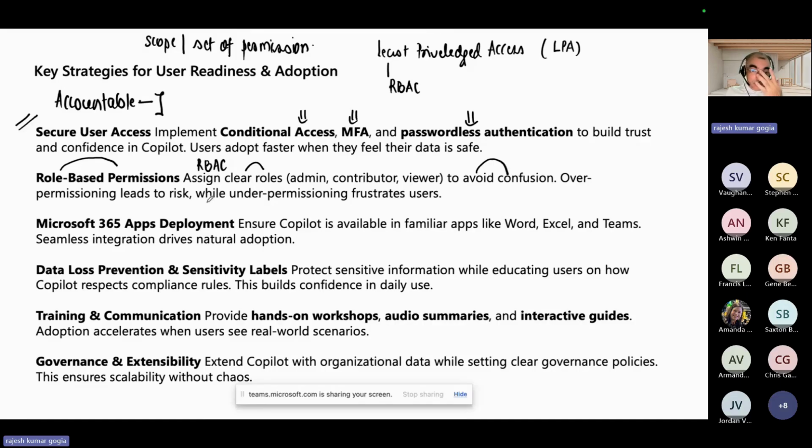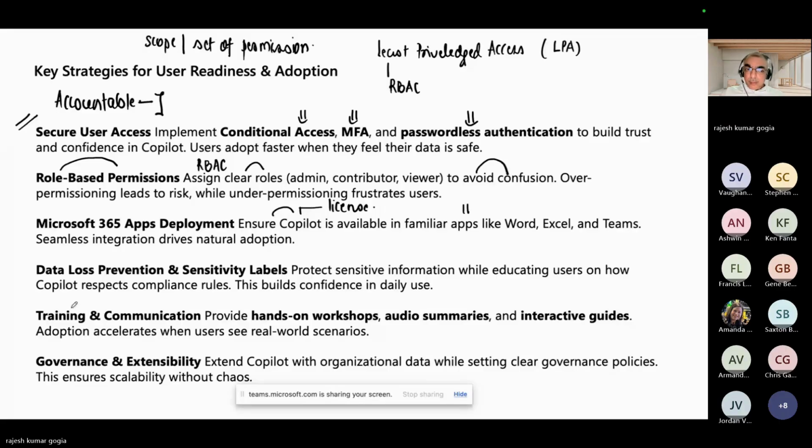And further, when it comes to the 365 apps deployment, you can make sure that Copilot is available in the list of apps. Why? Because this only comes with the help of a license. That means the organization should have a valid, appropriate license as well.